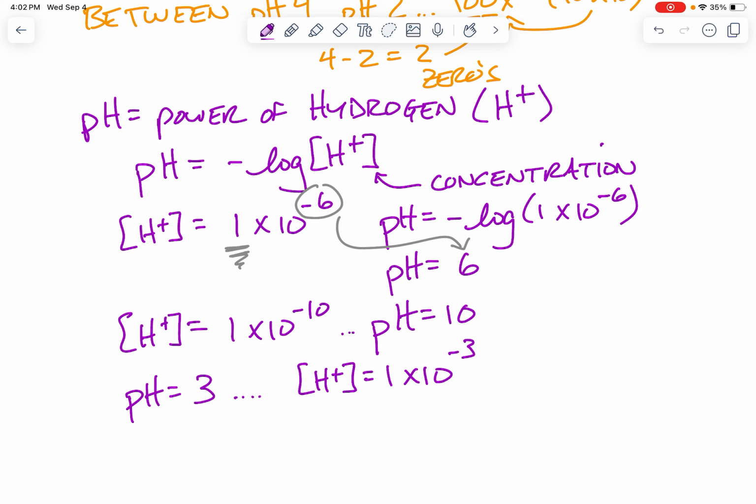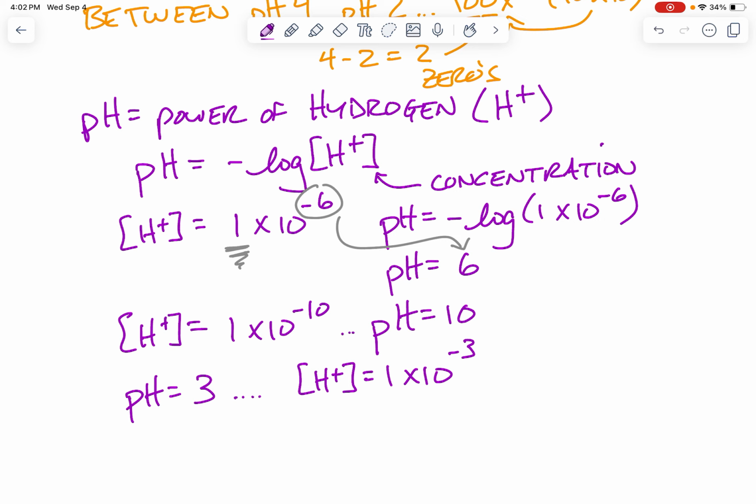So that's how you do some of your calculations with pH. If the number in front wasn't a 1, then we'd have to put it in our calculator. But typically in our first year chem class, we just deal with concentrations where that value in front in scientific notation is just a 1.